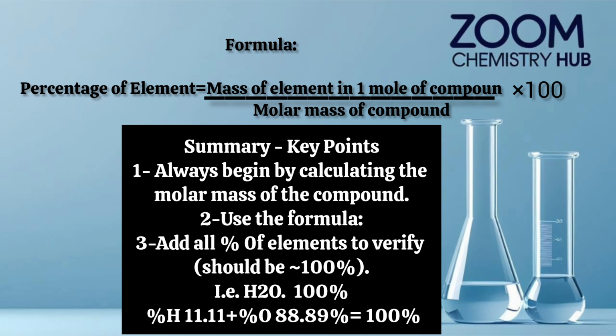So after calculating the percentage of each element, we add all these percentages, and that will be equal to 100%. So keep practicing it with different compounds and get exam ready.